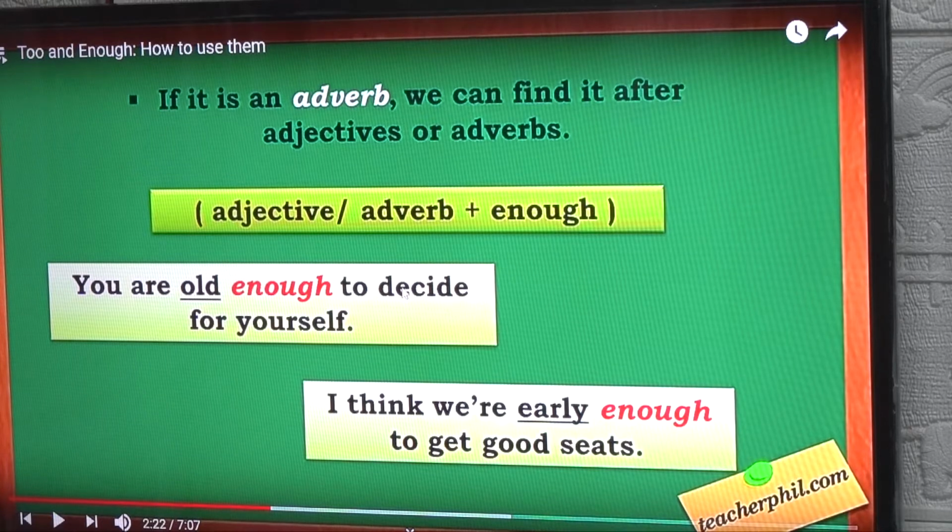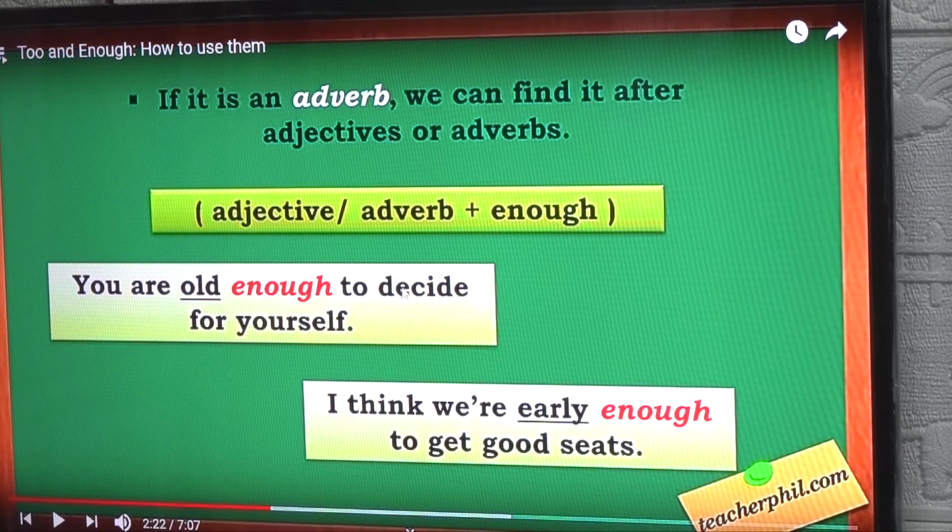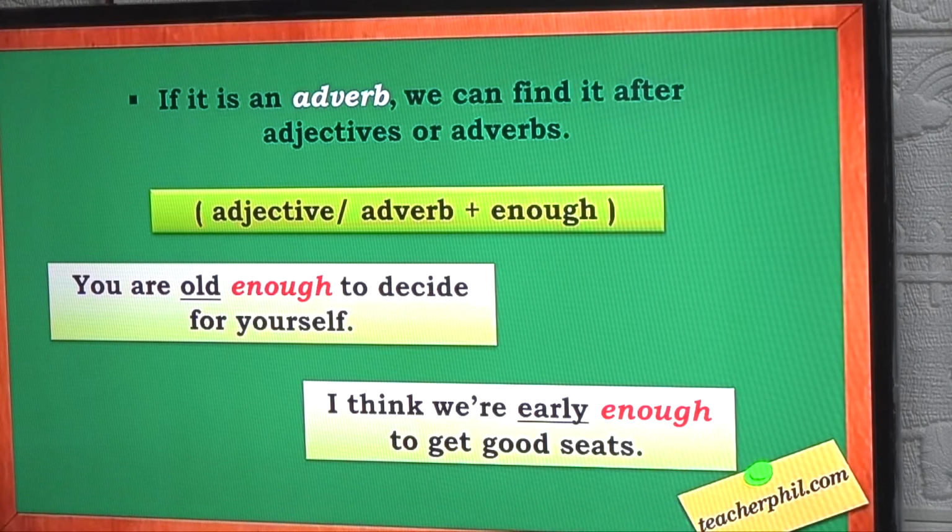Old is an adjective. How about early? Adverb. It can be both. Okay, no problem. Notice that in these sentences, enough comes after the adjective old and the irregular adverb early.